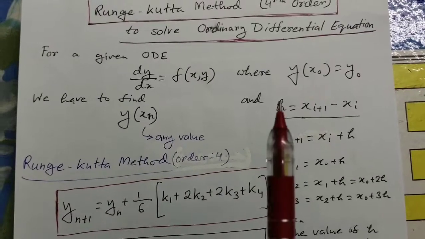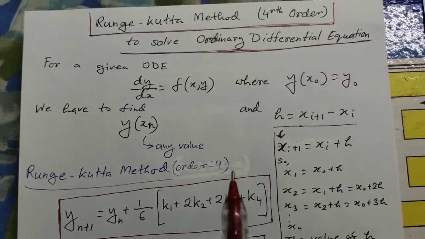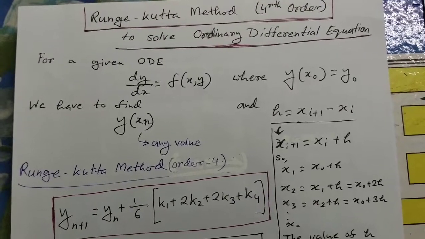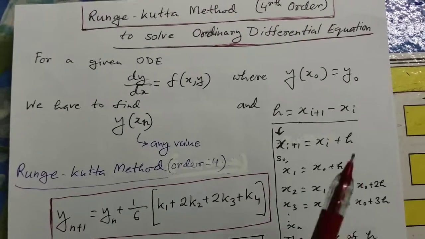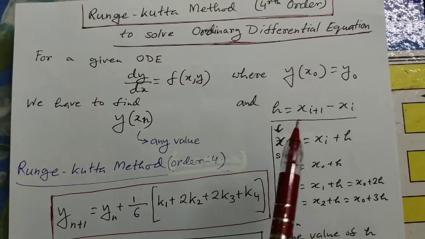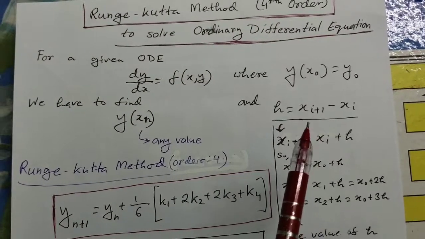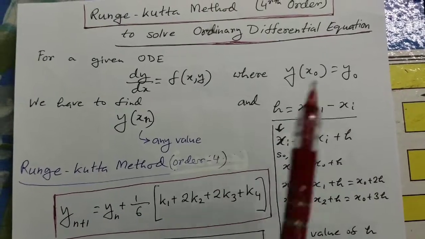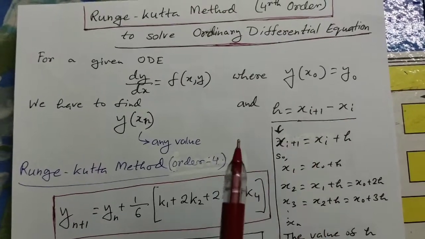Now, as we know from the previous videos, there is a step difference that is called h. h is x(i+1) minus xi, the difference between two consecutive values of x.